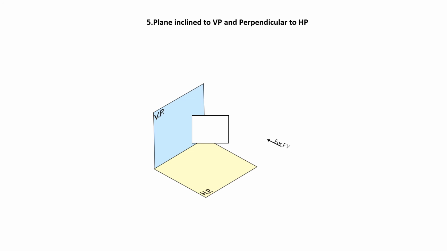If we want to draw its front view, we see from the front side, we get a reduced shape of this rectangle as the front view. As this plane is inclined with vertical plane, we get this reduced shape. If we want to draw its top view, we see from the top side, we will get a single straight line.